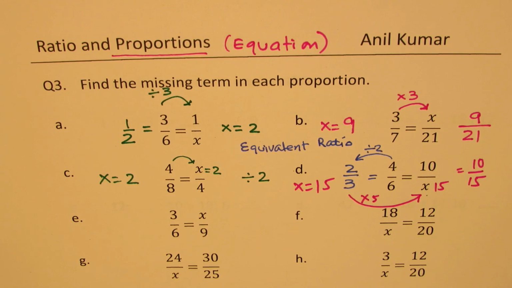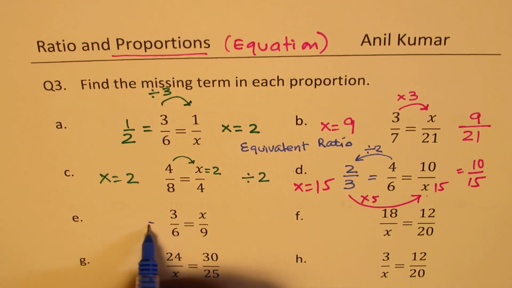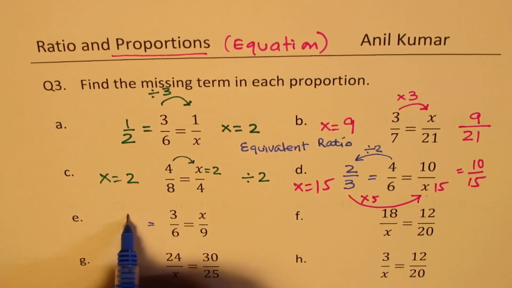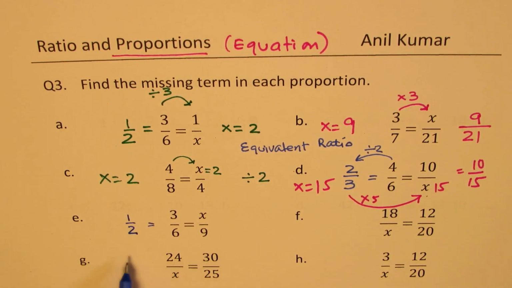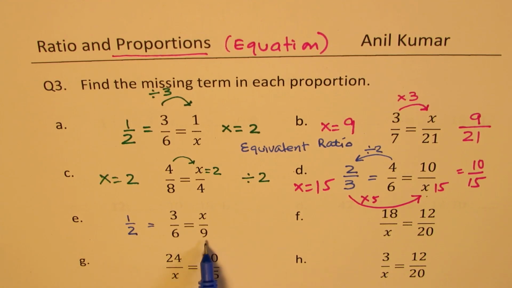Okay, the next one here is 3 over 6 equals x over 9. First step is to write this in simplified form. 3 over 6 could be written by dividing both by 3, half. So dividing both by 3, we get half, right? So now, how do I get from this ratio?